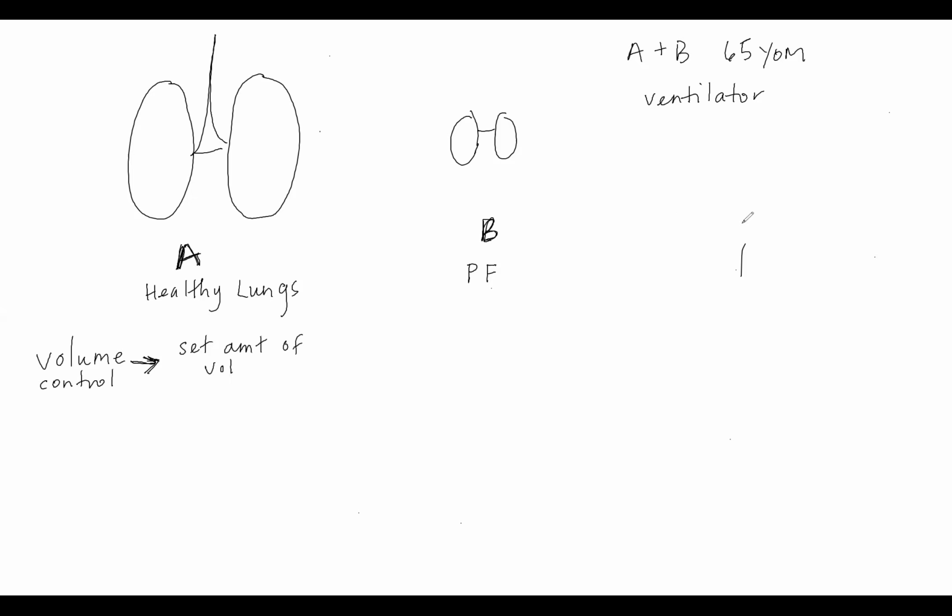And this volume here is going to be measured in mLs or cc's. And what that looks like is that if I am just looking at patient A and patient B, they're going to be on the same ventilator setting. They are going to be on a volume control, VC for volume control. And they're going to be somewhere, let's say 500 mLs of air, okay?